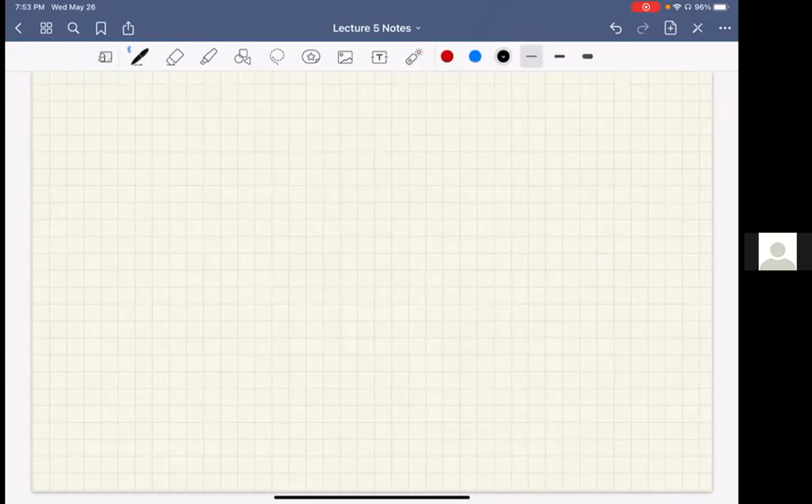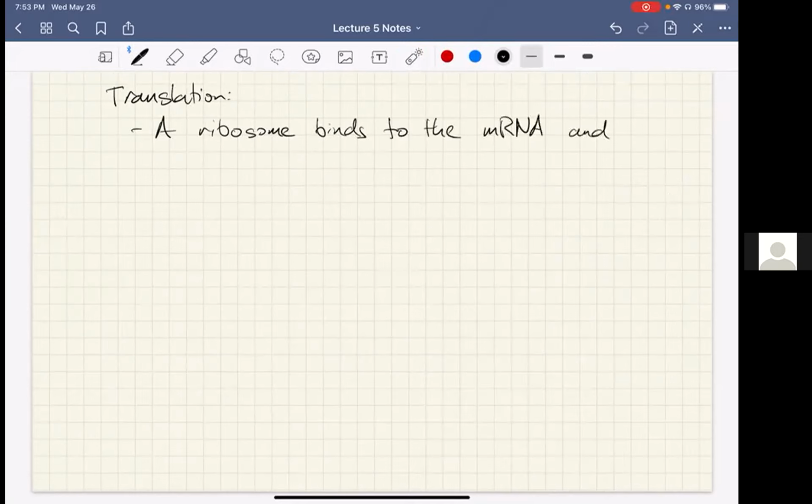So the process of translation works like this. A ribosome binds to the mRNA and starts reading it.